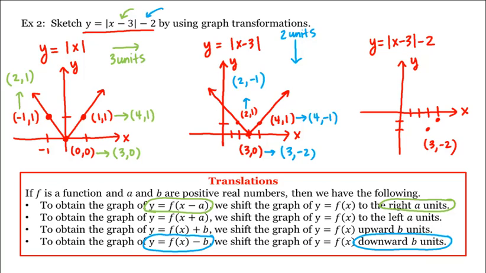So we also have this point here on our graph, 4, negative 1. And the point 2, 1 was moved to 2, negative 1. So we also have this point here, 2, negative 1 on our graph. So our graph looks like this.